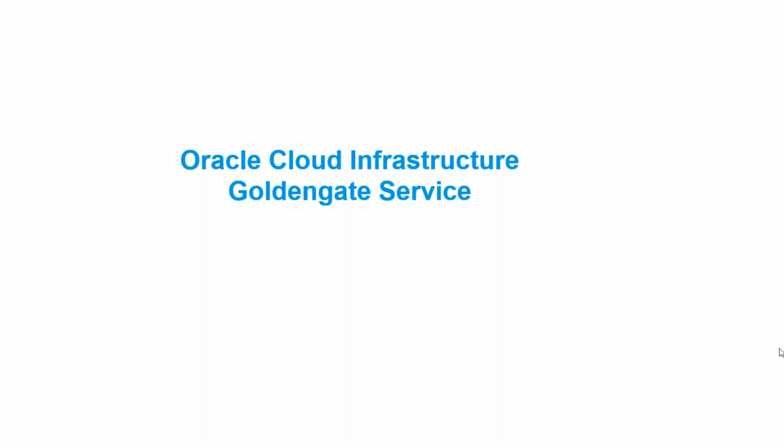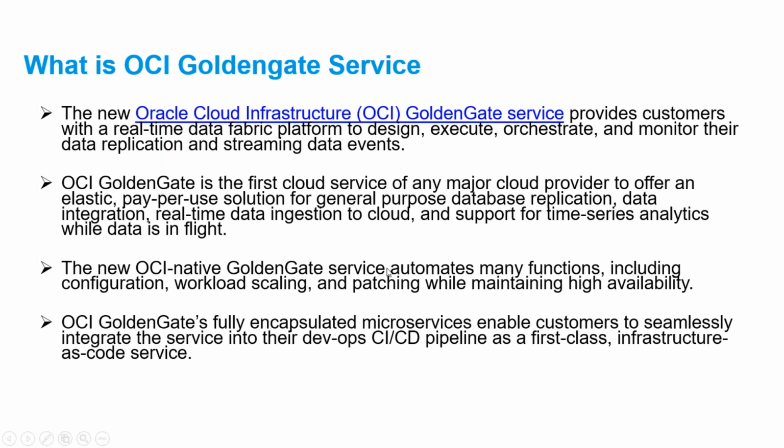Okay, Oracle OCI Goldengate service. There is one more thing before I end this session: I want to discuss the OCI Goldengate service. The Oracle Cloud Infrastructure Goldengate service provides customers with a real-time data fabric platform to design, execute, orchestrate, and monitor their data replication and streaming data events.